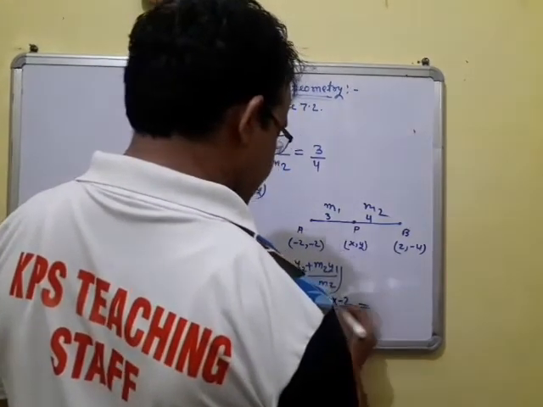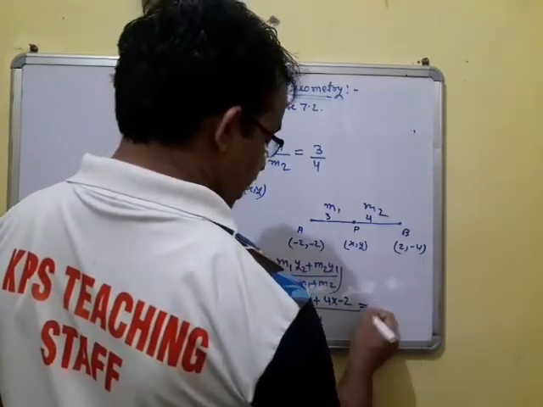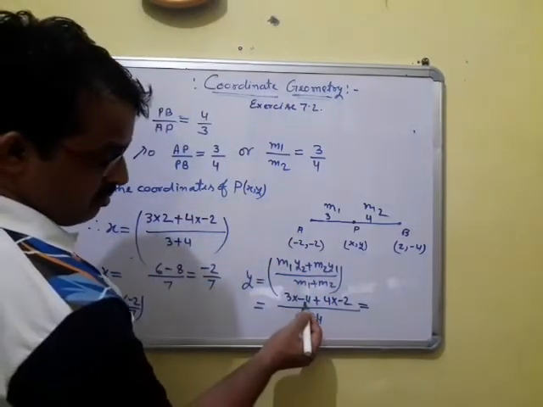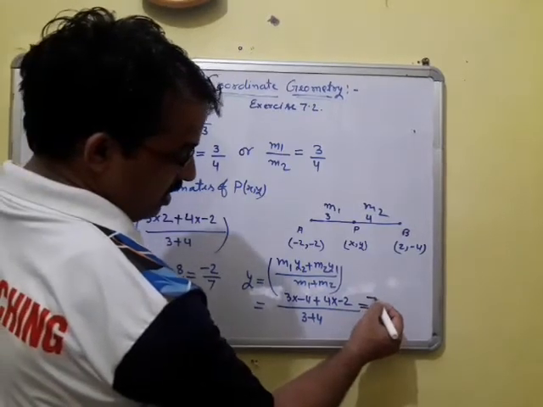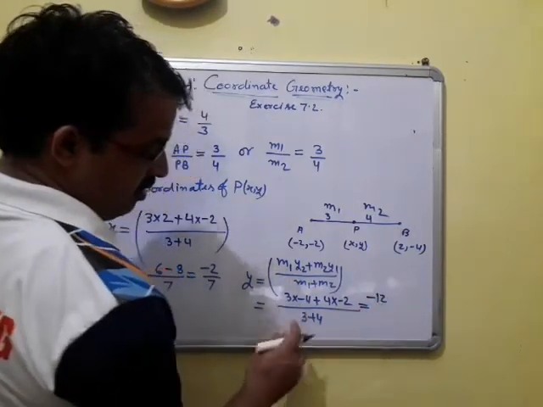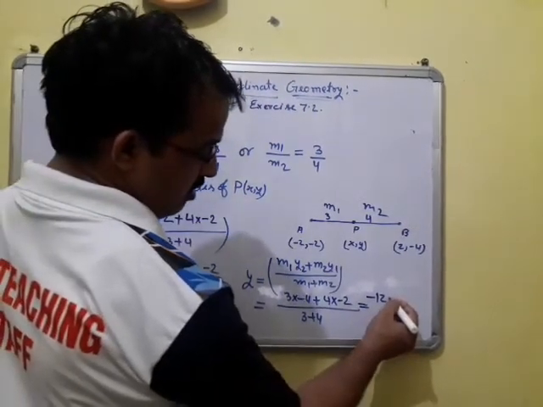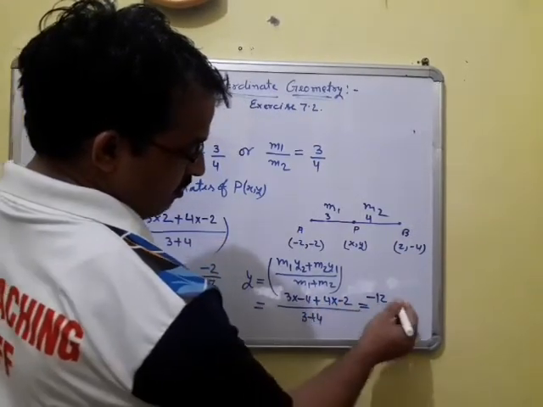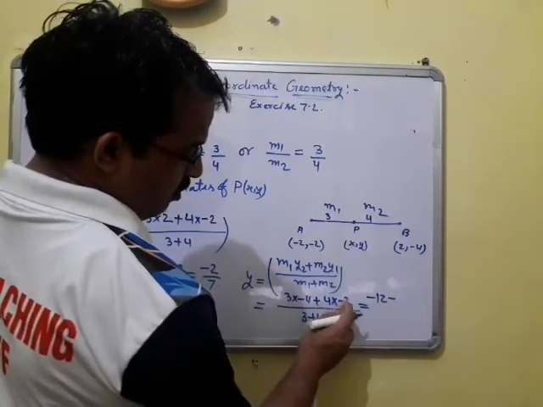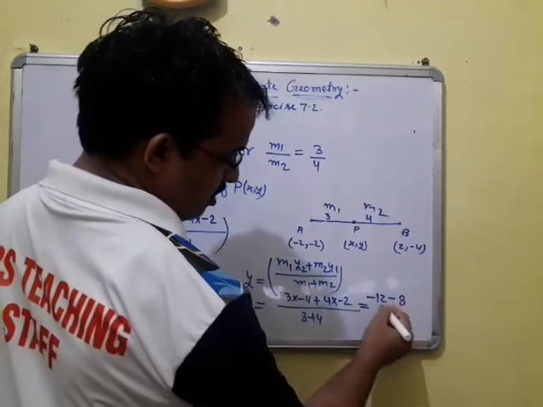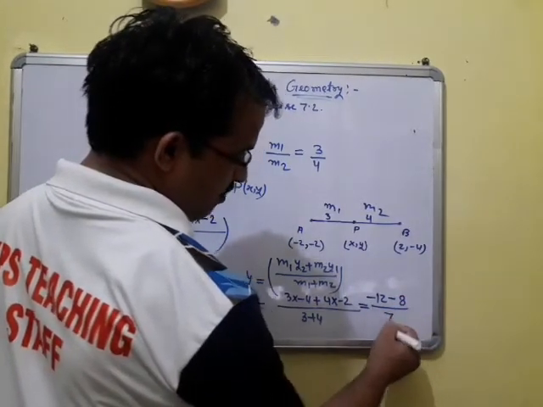So here -3 minus 4 into 3, we get -12, and here is the positive sign and here negative, positive, negative. 4 twos are 8 by 7.